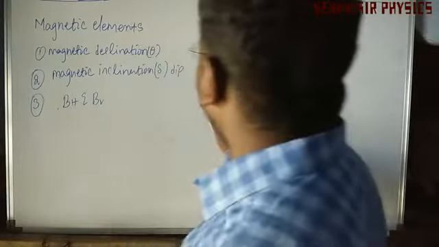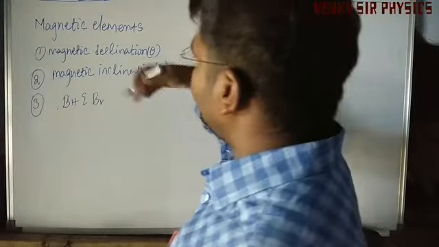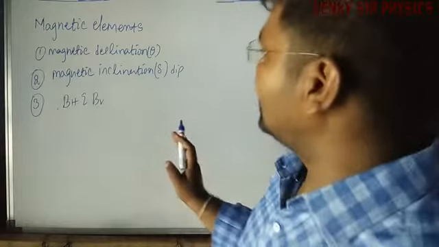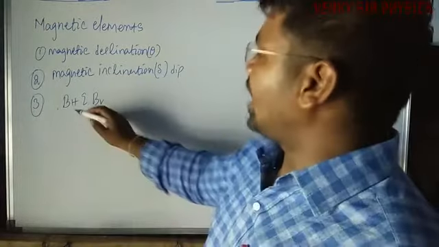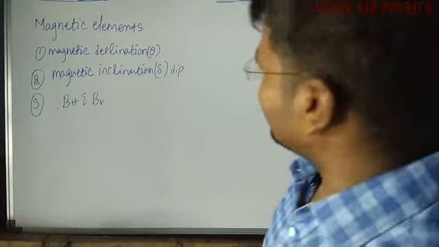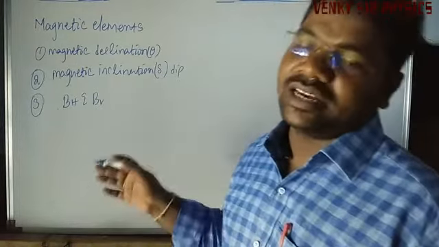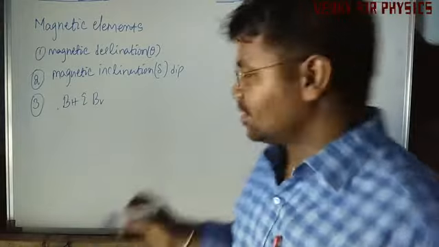To explain magnetic declination, magnetic inclination, and the horizontal and vertical components of the magnetic field, we need one diagram that we already used in the previous session.